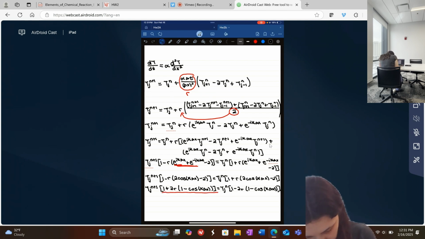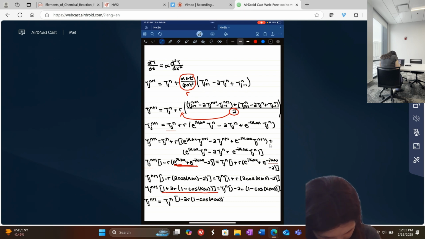We end up with Tj n+1 is equal to Tj n times 1 minus 2r times 1 minus cosine kΔx, divided by 1 plus 2r times 1 minus cosine kΔx.